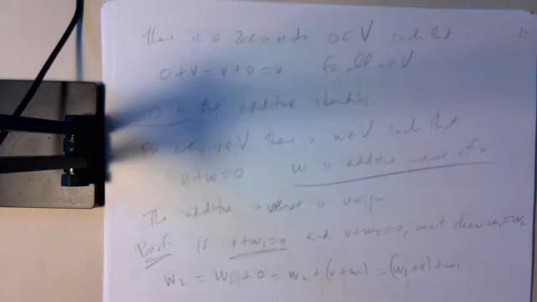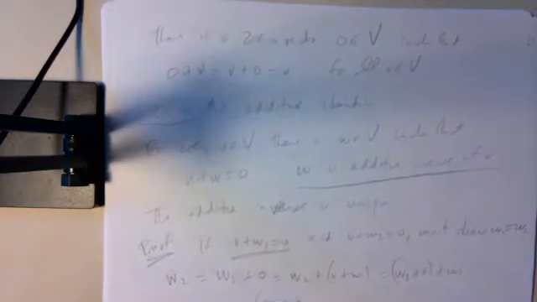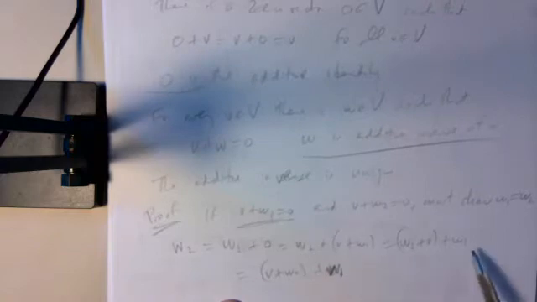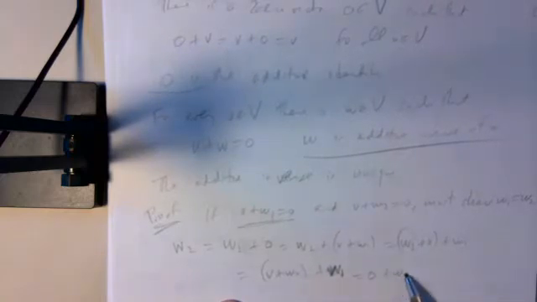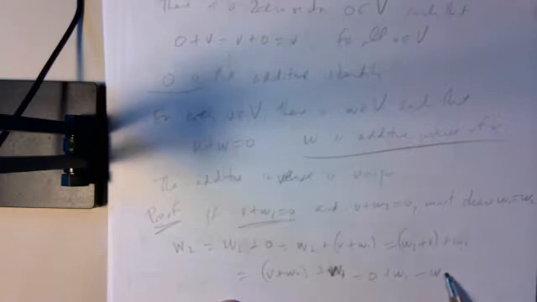This is associativity. But w2 plus v is the same as v plus w2 by commutativity, and plus w1. And v plus w2 is 0, so this is 0 plus w1. And the zero vector added to w1 just gives you w1. So this is a proof that w2 equals w1.